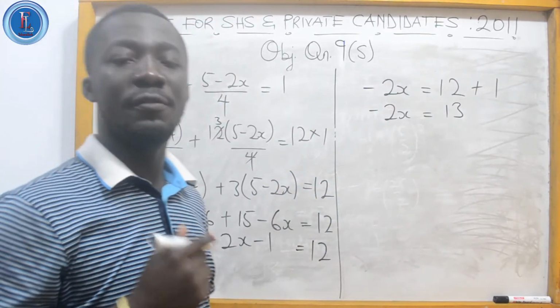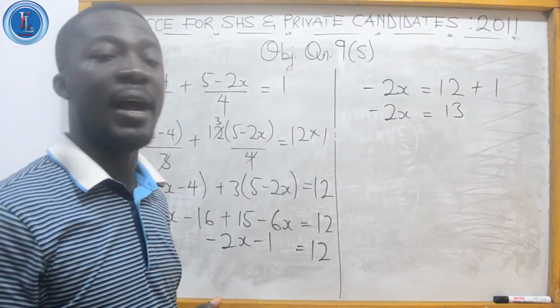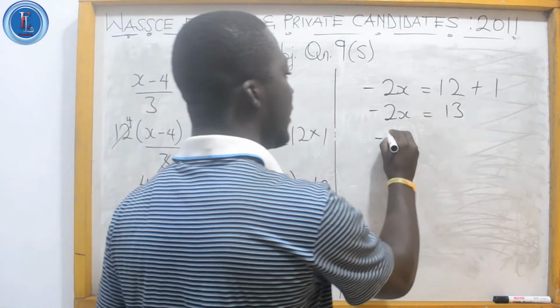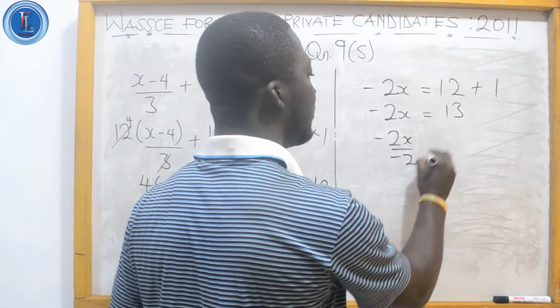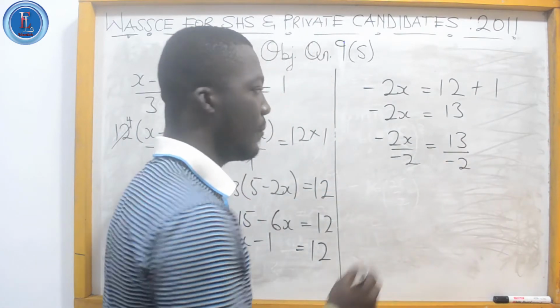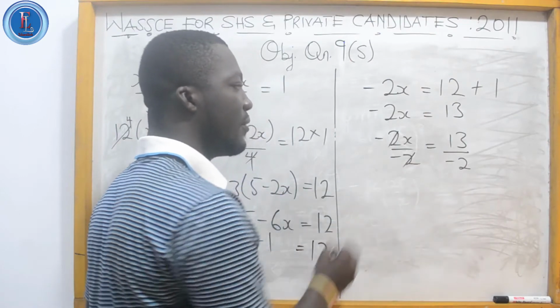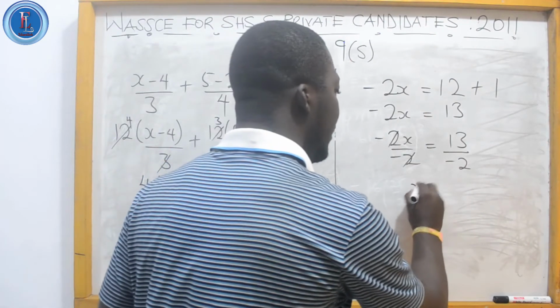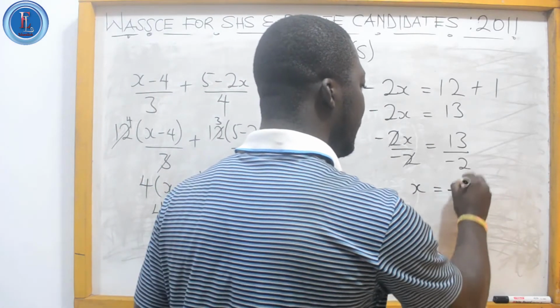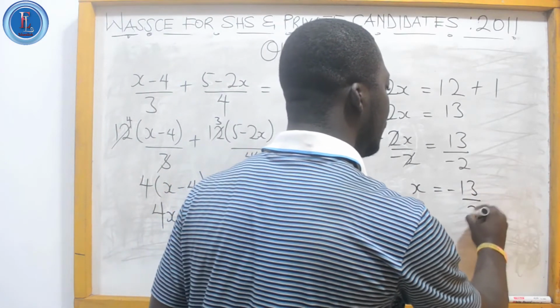Now to get the value of x, we have to divide both sides by the coefficient of x, which is negative 2. So we get negative 2x divided by negative 2 is equal to 13 divided by negative 2. This negative 2 will cancel the negative 2. And finally, we are going to get the value of x is equal to negative 13 over 2.